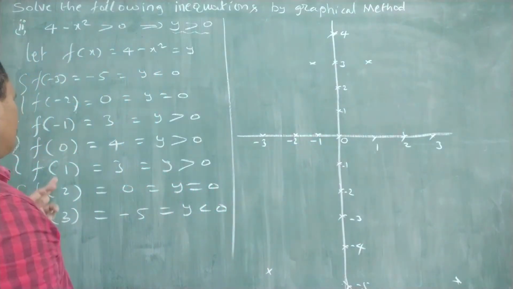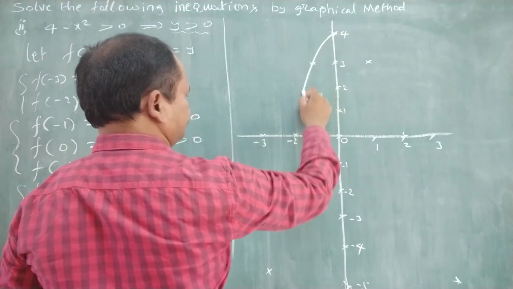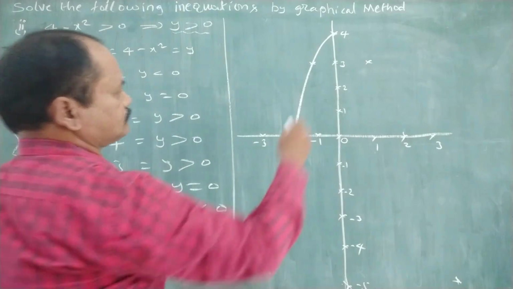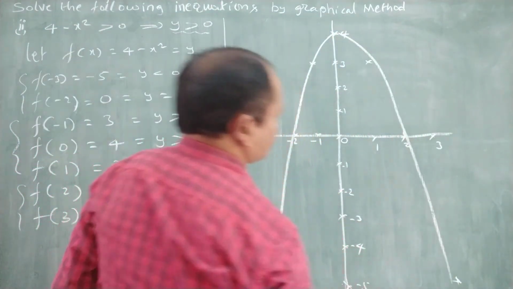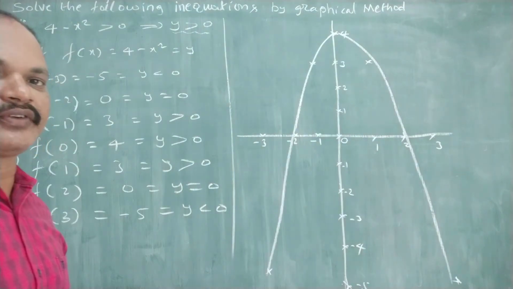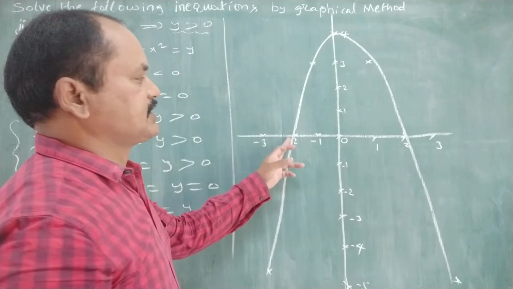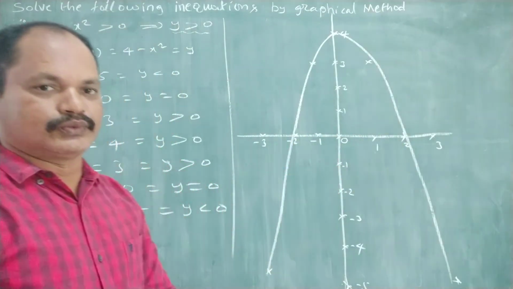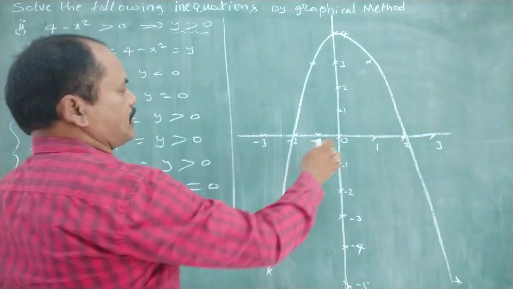Since f of minus 2 is 0, this is the graph. The graph intersects the x-axis at minus 2 and 2. In between minus 2 and 2 it is positive.